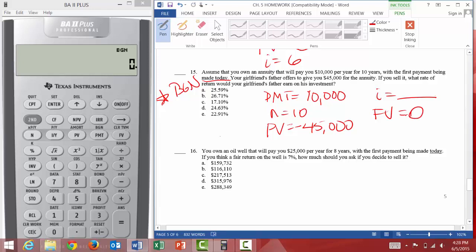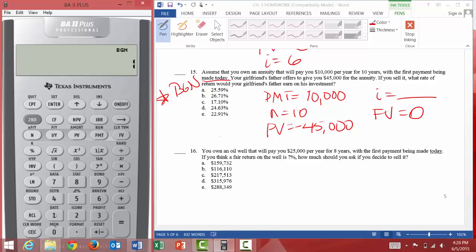And so the future value will be 0. There'll be nothing left. So let me go to 10,000 and hit payment. 10 N, that's the number of years. 45,000 negative present value, a 0 for the future value, and then hit compute I.